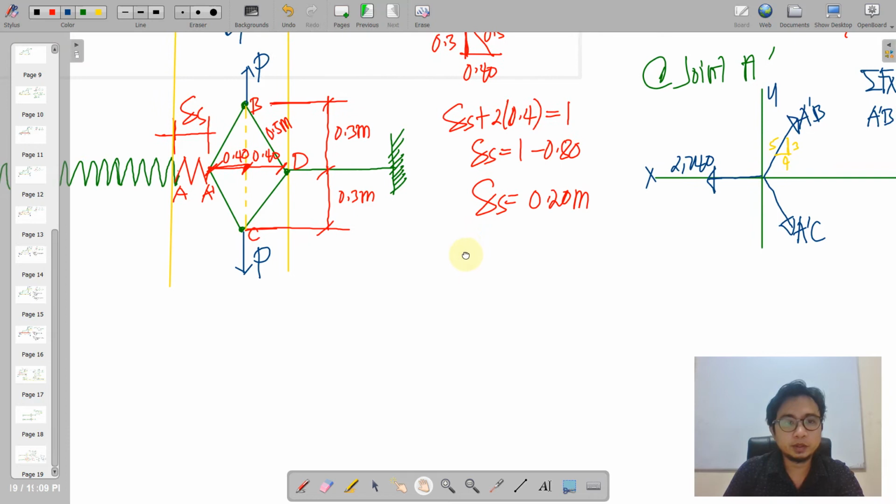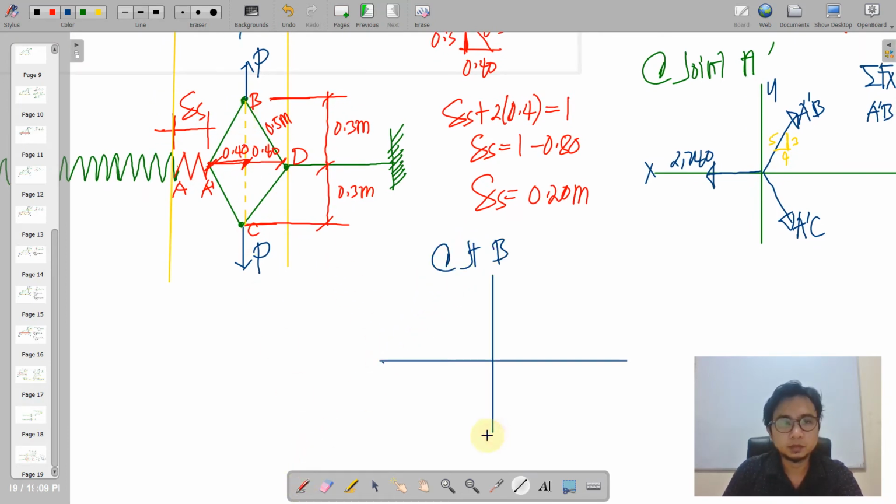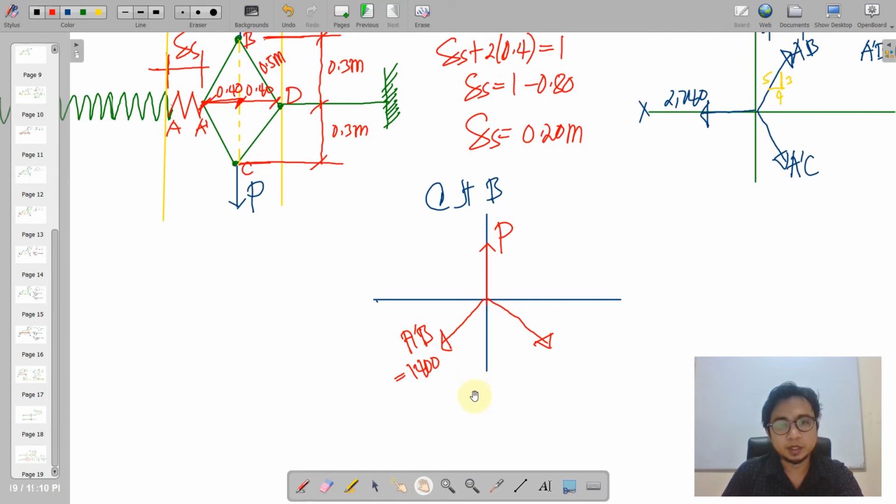So if we are going to finally consider joint B, we have the unknown P here, the A prime B here, that is just obtained a while ago, 1,400.